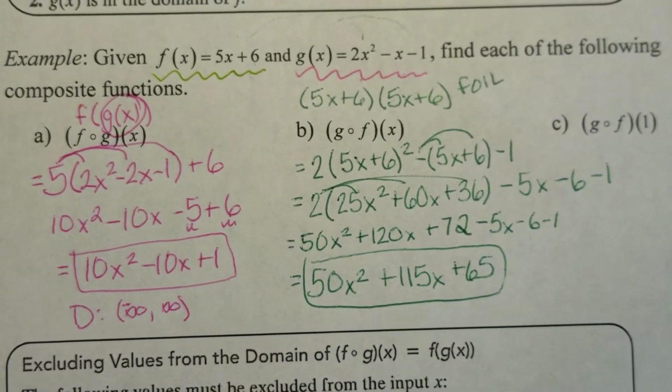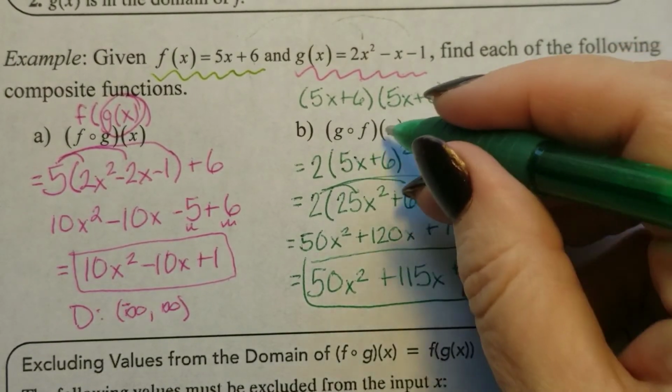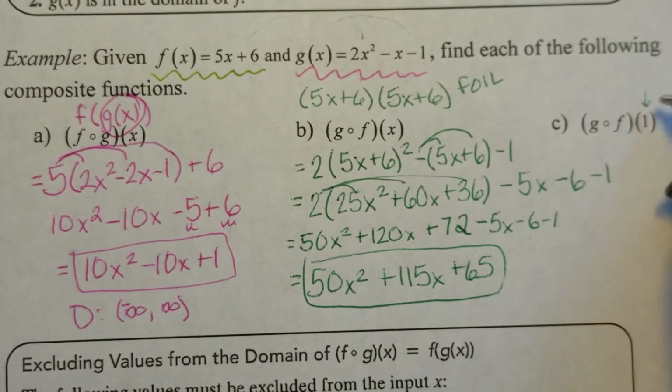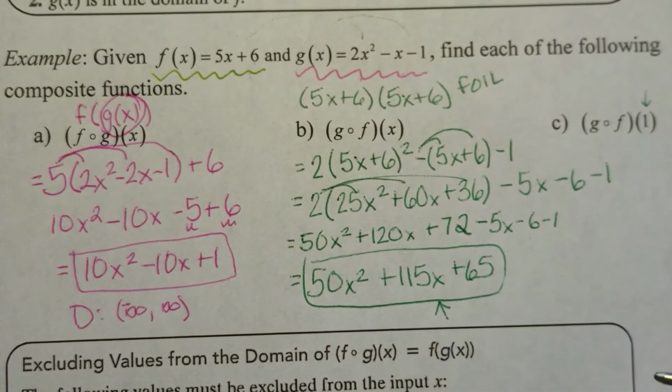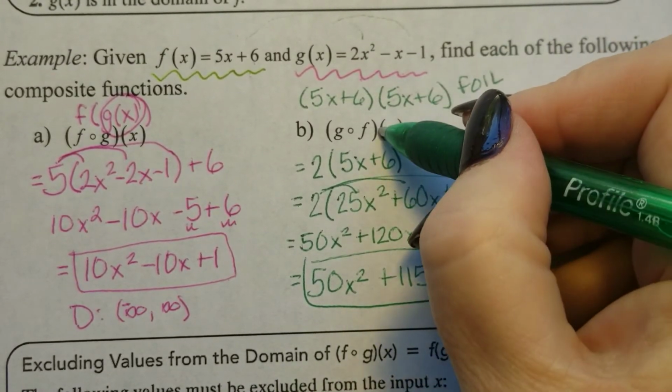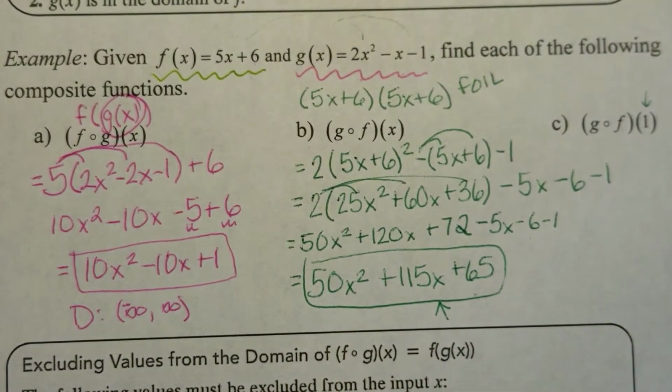Now, if we want to do something without a variable, just a number, and we want g of f of 1, we can put that 1 in for x here, or we could do it at the very beginning. But since I already have g of f of x, I'm going to do it this way.